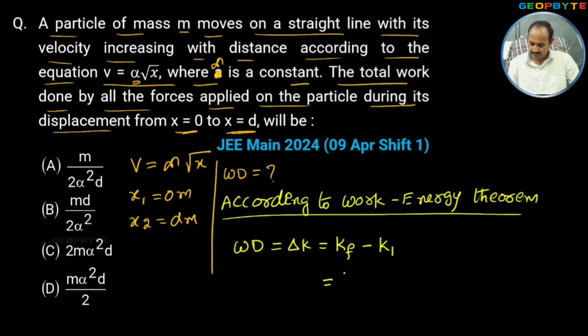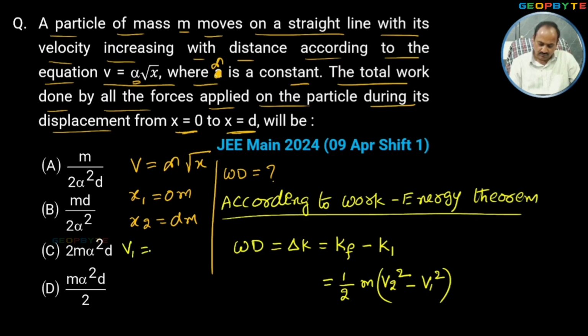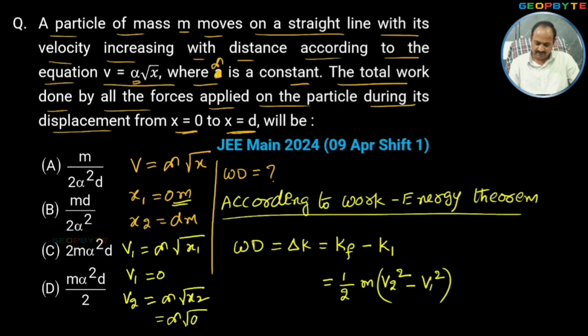Half into m into v2 square minus half m v1 square. Now here v1 equal to alpha into root x1. Since x1 is 0, v1 equal to 0. v2 equal to alpha into root x2, and x2 is d.